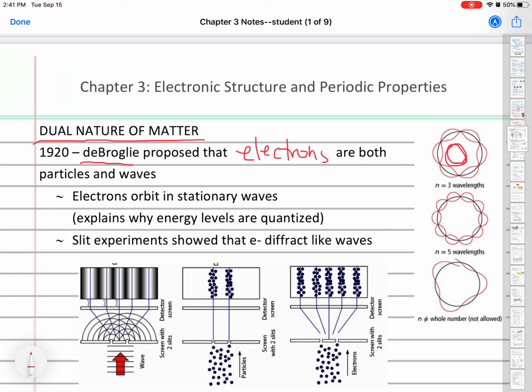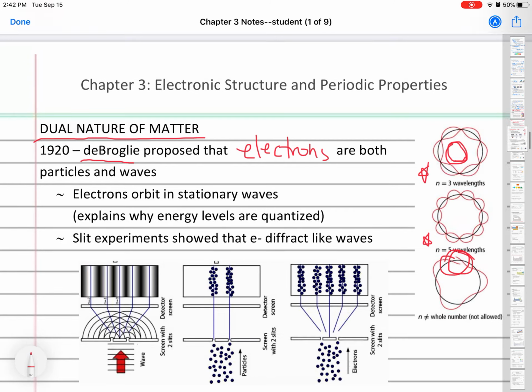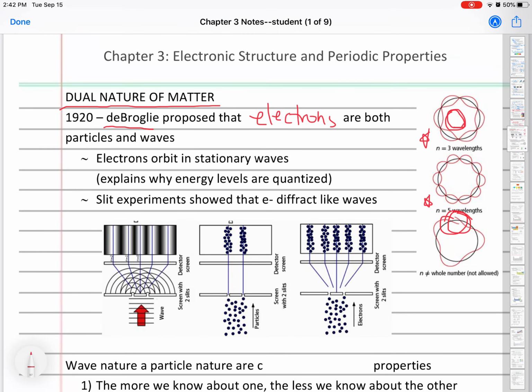If the wave is a fraction, or the wave doesn't fit around that circle properly, it's not continuous around the circle and overlaps funky, then that level can't exist. So he was saying that these quantized energy levels existing could be explained if we think of electrons acting as waves rather than particles. So that was one thing that happened.